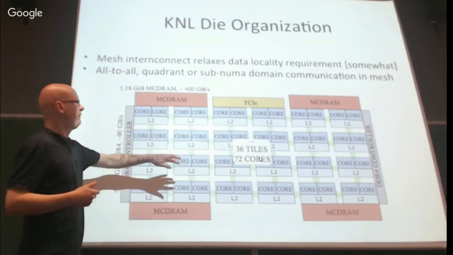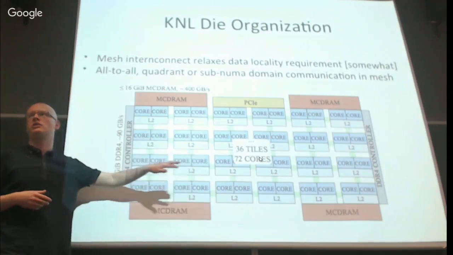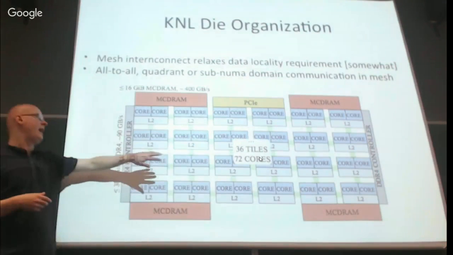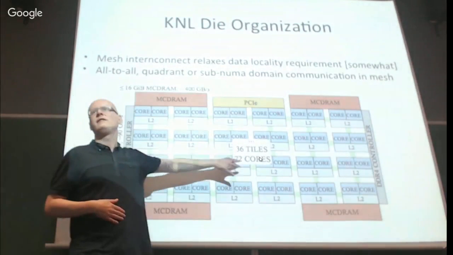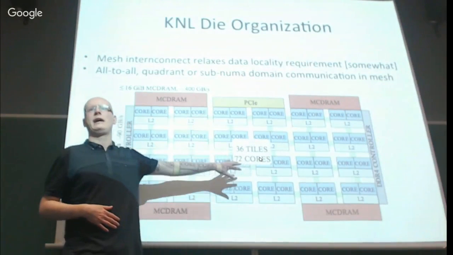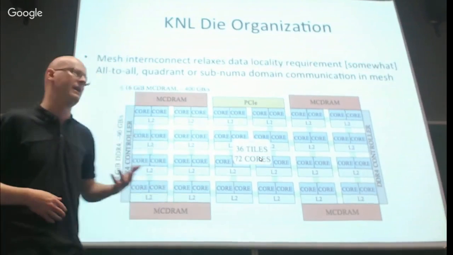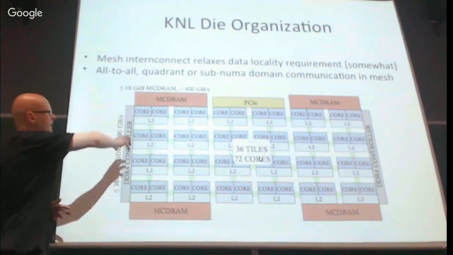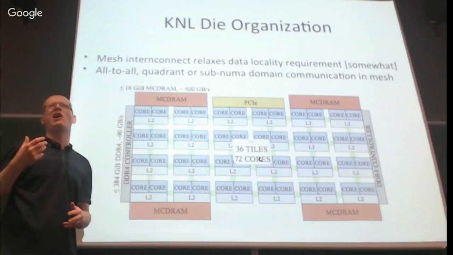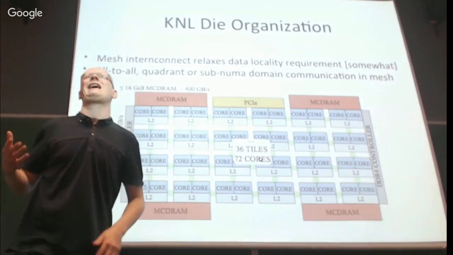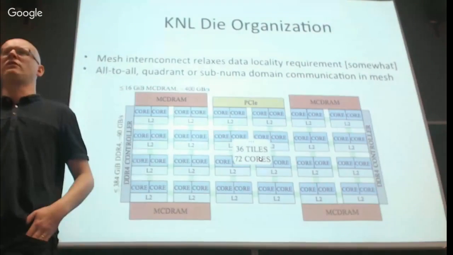Now, you have different SKUs for KNL, just as you did for KNC. You have 72 cores on the high-end version of KNL versus 61 on the KNC. So more cores, not that many more. And they're divided up in terms of so-called tiles. So let's call these KNL tiles for today if we touch on them again.